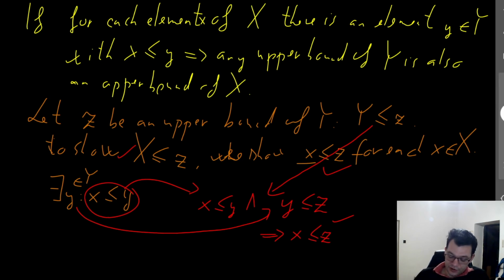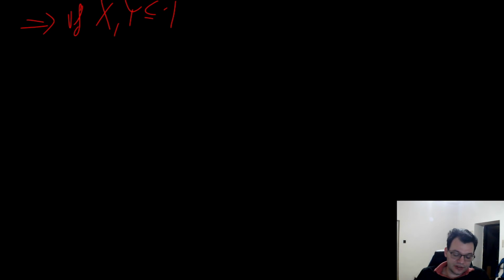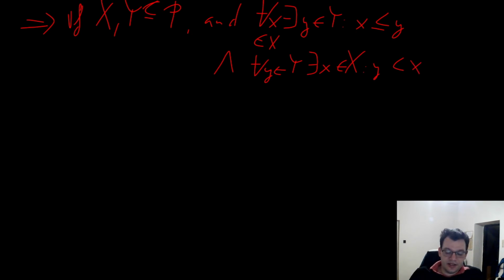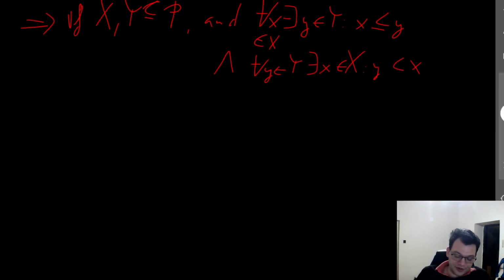Now, from this I can deduce, of course, that if X and Y are both subsets of the poset, and for each x in X there is y in Y with x smaller than or equal to y, and for each y I can also find an x with the same property, then each upper bound of Y is also an upper bound of X, and each upper bound of X is also an upper bound of Y. Then it means that the upper bounds of these two sets coincide.